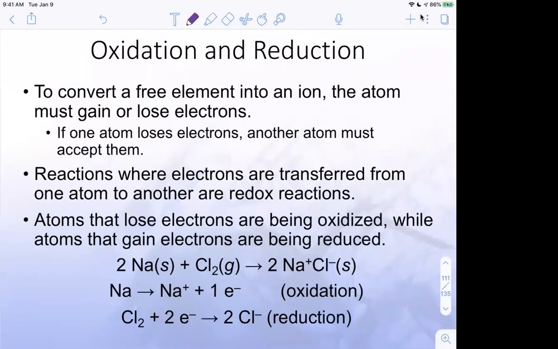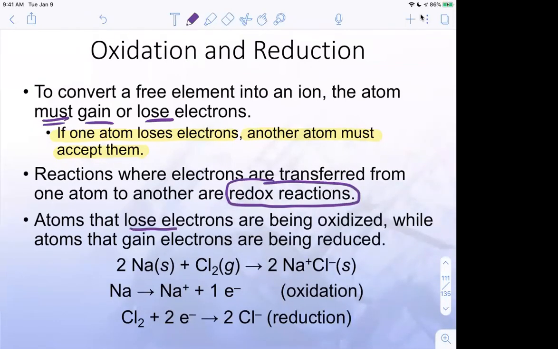To convert a free element into an ion, that atom must gain or lose electrons. This process has to happen together. So if one atom loses electrons, another atom must accept them. So reactions where these electrons are transferred from one atom to another atom are classified as redox reactions.